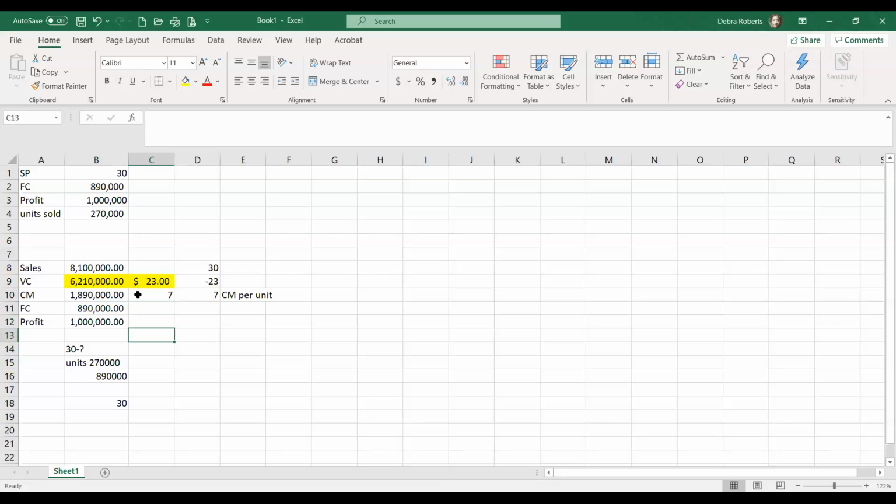So let's take the 890 divided by the 7. And then let's do the same thing. I'm just using Excel, this divided by this. I did that right. And then we take the 890 divided by 1, 2, 3.